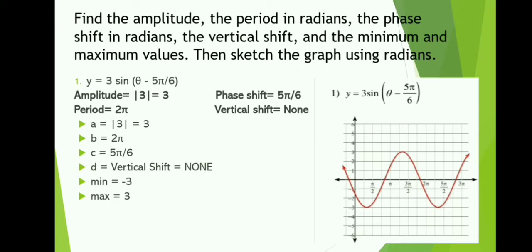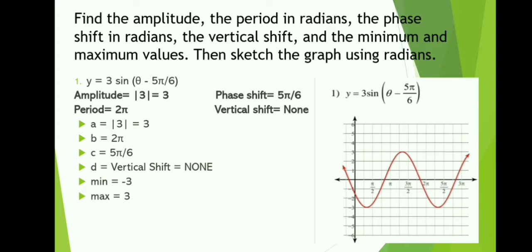The amplitude, period, phase shift, and vertical shift. So, the amplitude is 3. The 3 is already given, so that is the amplitude. The period is 2 pi. In solving the period in radians, it is 2 pi over b.